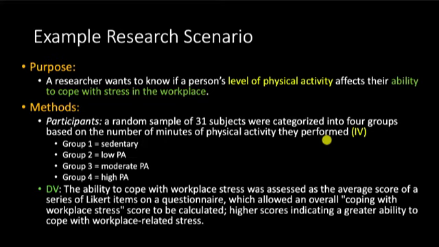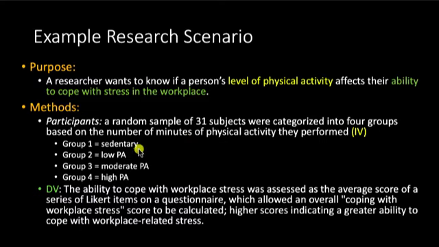So sedentary would be no activity, low might be maybe they perform 30 minutes to an hour of exercise. Moderate might be an hour to 3 hours, and high might be greater than 3 hours, right? So we can create categories based on certain criteria and then sort people into these categories based on what they report.